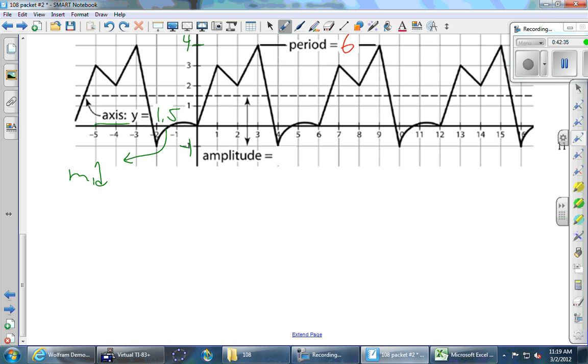I can say that the midline is the maximum y plus the minimum y divided by 2. That's how you find a number halfway between two other numbers. You average them. Any questions about the midline?